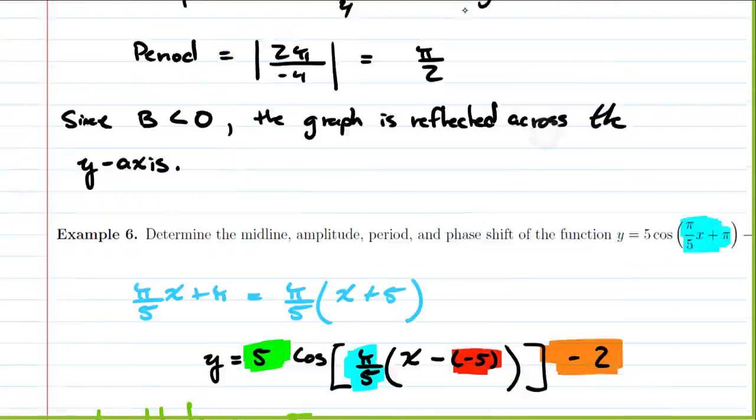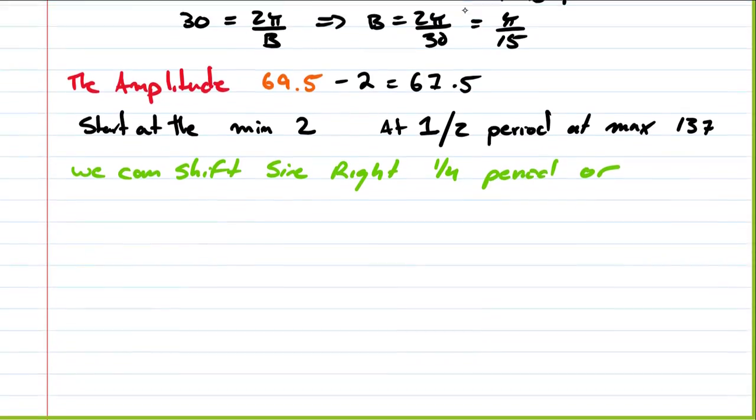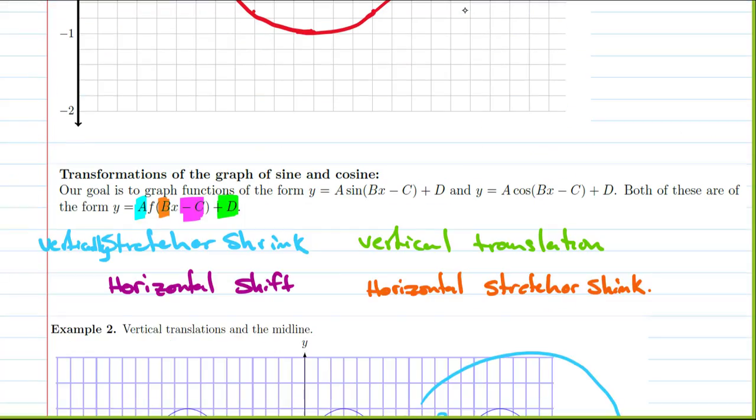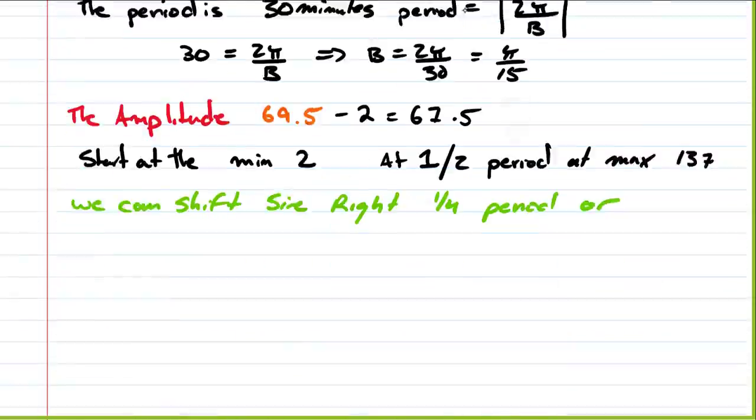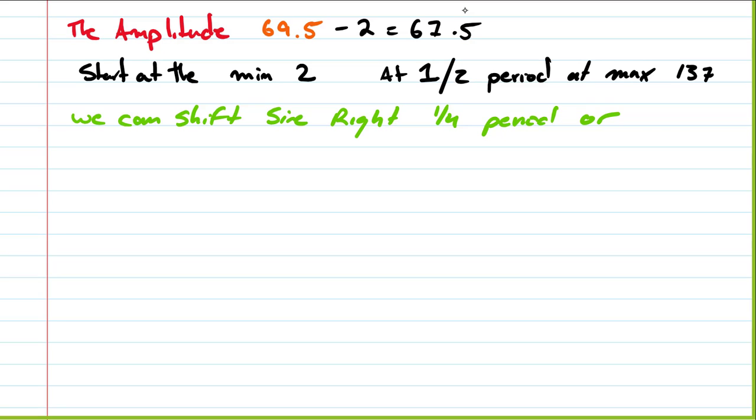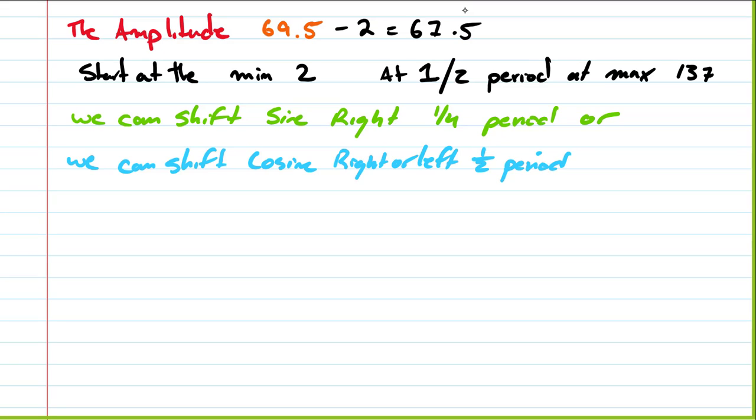So with cosine, we would have to go either right or left pi units, half a period. And the reason we can go right or left is because pi is half of a period.